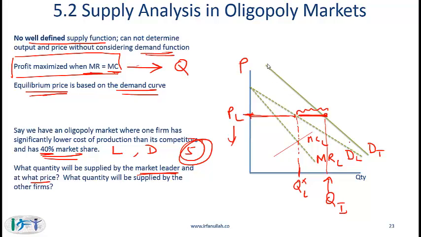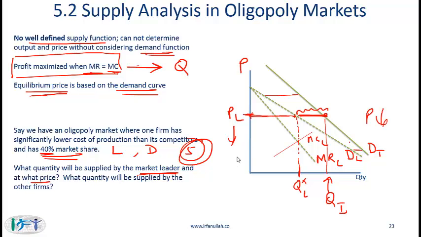Notice that the demand curve for the industry and the demand curve for the leader are not parallel. So the distance between the two curves over here at high prices is substantial, but as prices decrease, the difference becomes much less. Why is this? The answer is that the leader is the low cost producer. When prices start falling, the smaller players will probably not be able to compete and will exit the industry.